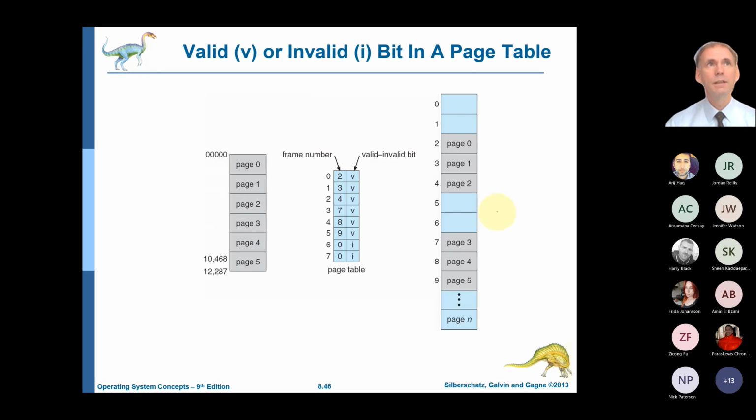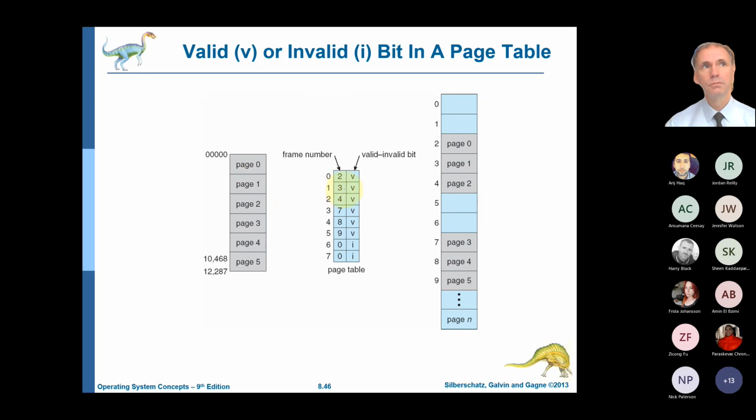So here we've got an example where we have multiple pages. Those pages, as usual, are mapped to a page table showing us where they exist in physical memory. So page 0 is mapped to page location 2, so it's valid.